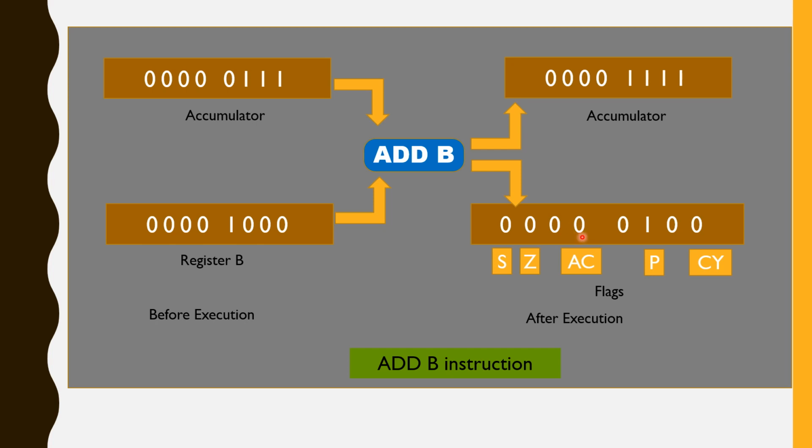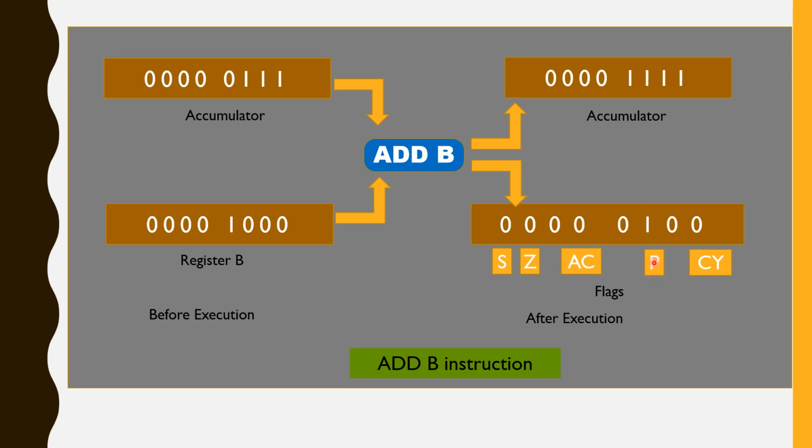What does the auxiliary carry flag mean? Whenever the first, second, third, fourth position data is added and a carry is generated from the fourth position, only then is the auxiliary carry flag set to 1. But here 0 plus 1 is only 1. No extra carry is generated, and nothing is forwarded to the fifth position. That's why the auxiliary carry flag remains 0, that is, it is reset.